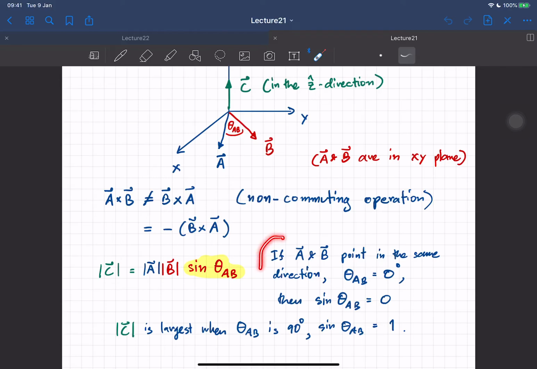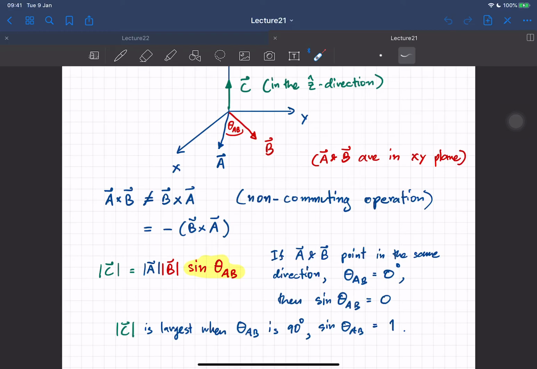If the angle is 0, then you can get 0. And the cross product is largest when the angle is 90 degrees, because sine of the angle has the maximum value of 1, and that happens when the angle is 90 degrees. So that's going to be mostly the case that we're going to talk about.